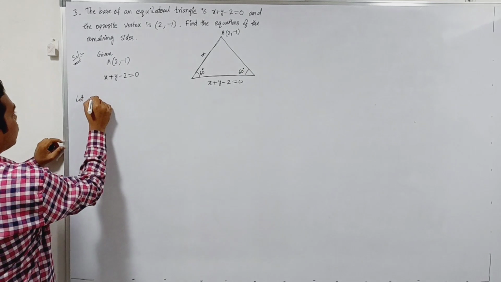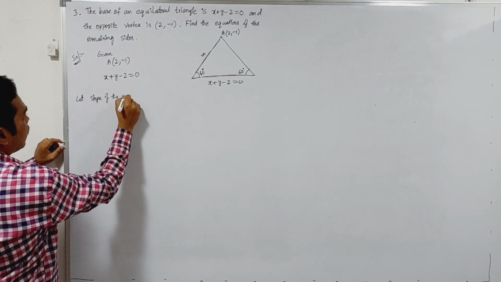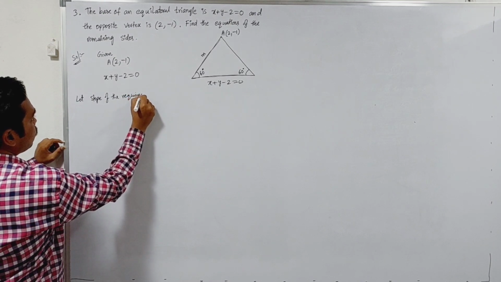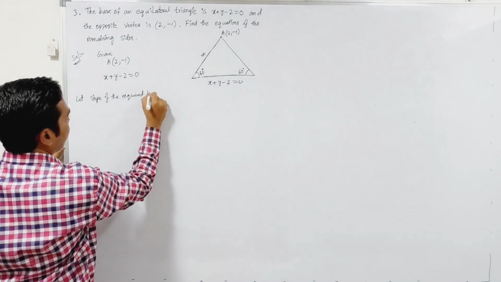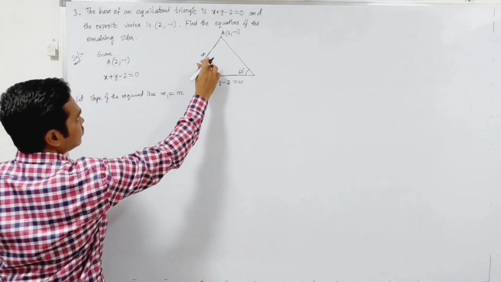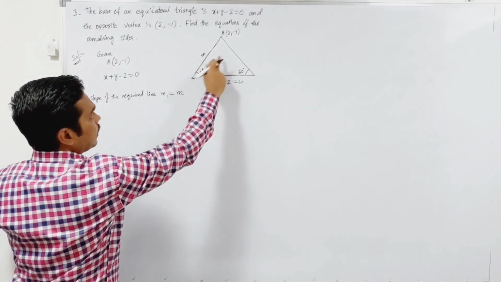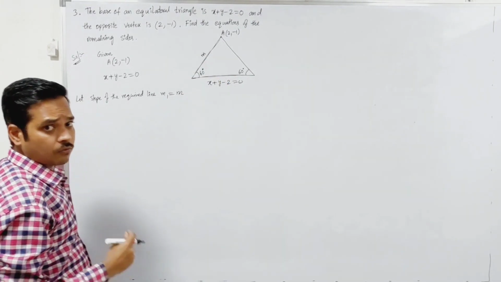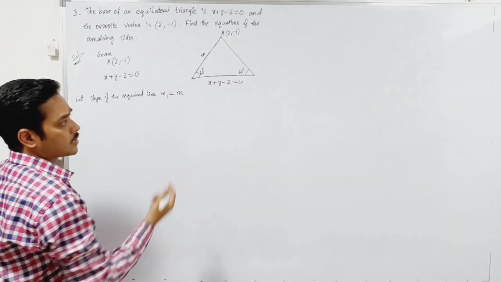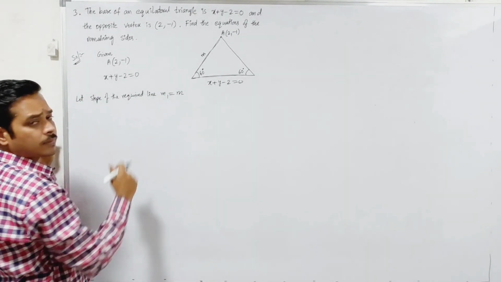Let the slope of the required line be m1 = m. Here the first side and this side are the required lines. You have to find the equations of the remaining sides, meaning the remaining lines. So the slope of the required line is m.